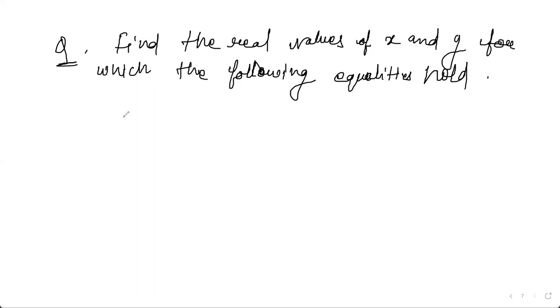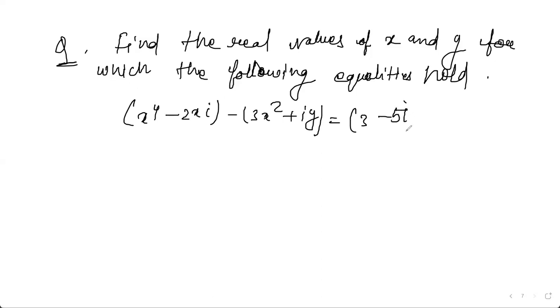We have x to the power 4 minus 2xi minus 3x square plus iy equal to 3 minus 5i plus 1 plus 2iy.